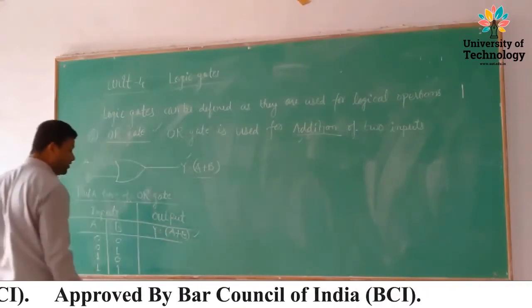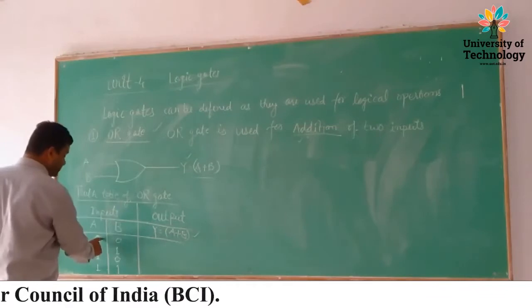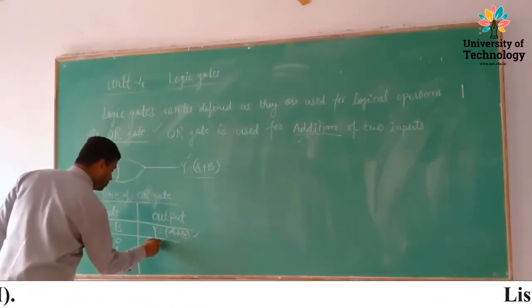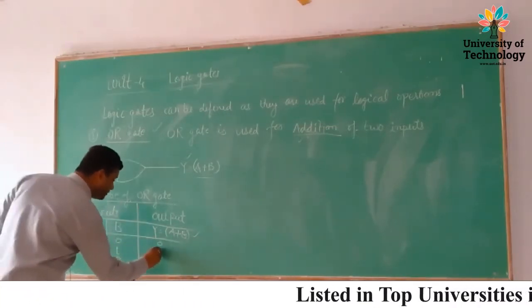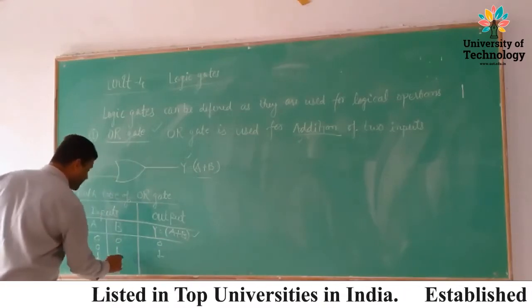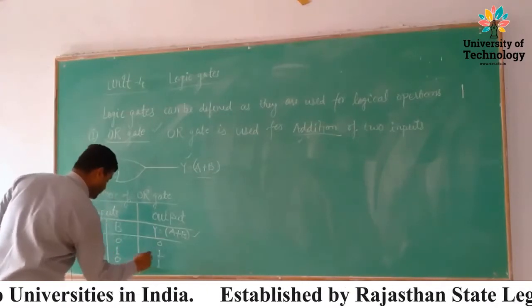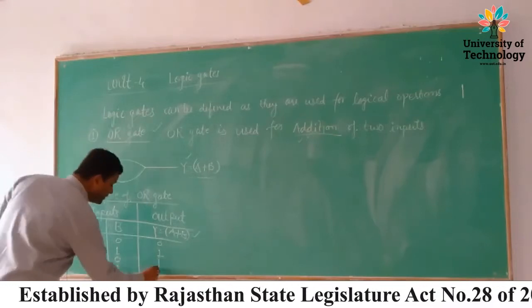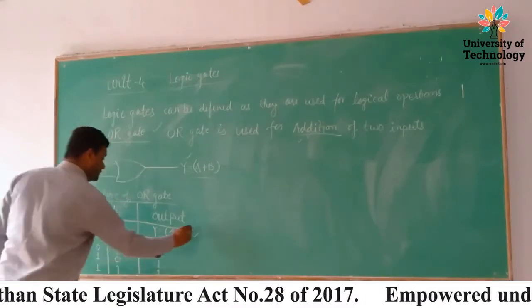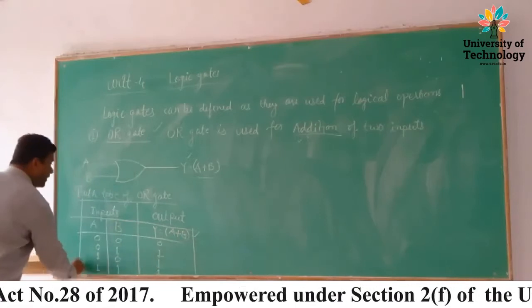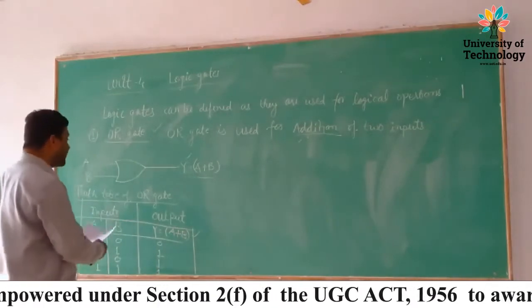Here y equal to A plus B means 0 plus 0, 0, 0 plus 1, 1, 1 plus 0, 1 and 1 plus 1, 1 high. This is the truth table of logical OR gate.